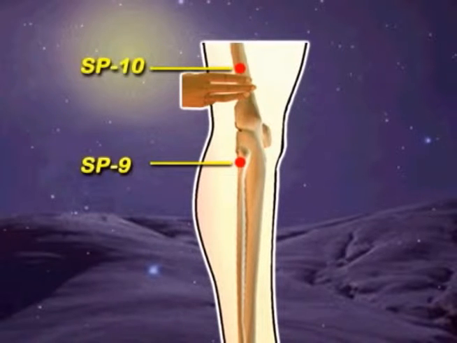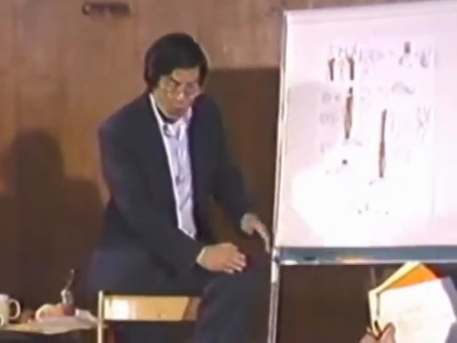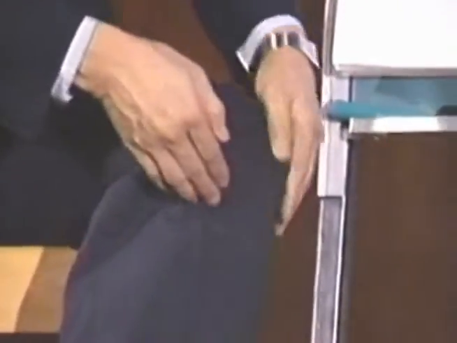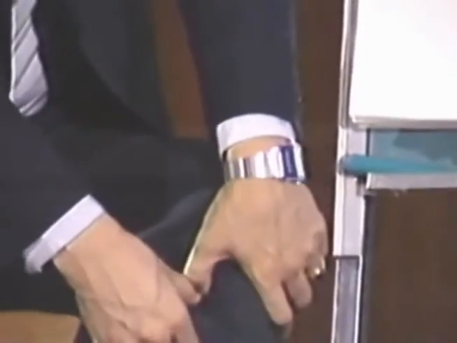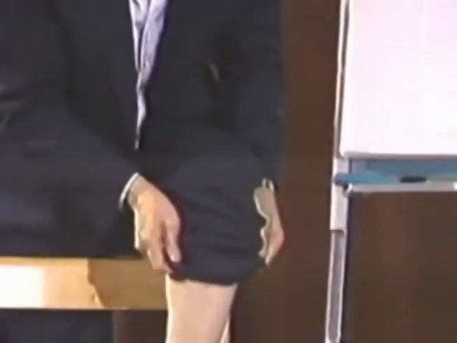The way to find it: below the knee, we have two bones. You go right below the knee, and you press right next to the knee, and that is the point.